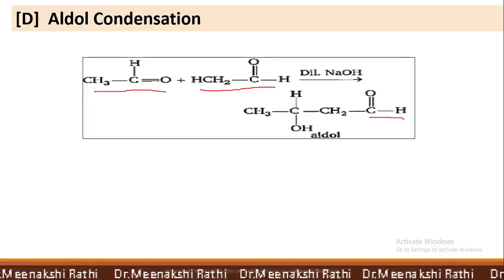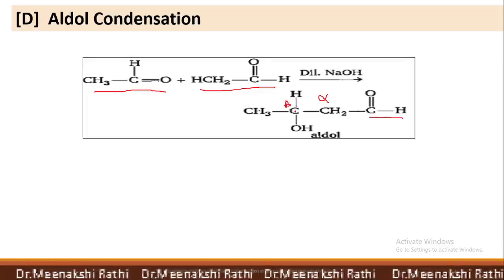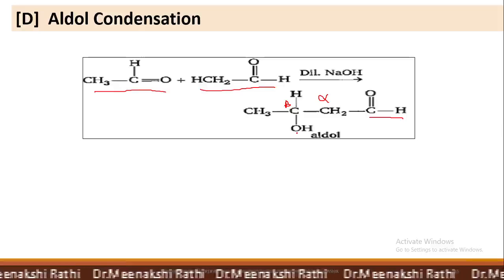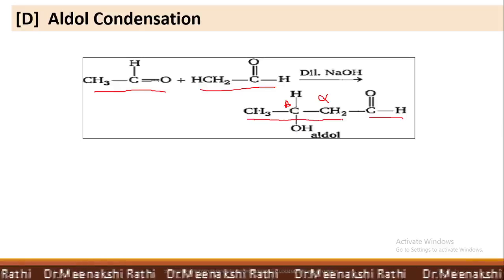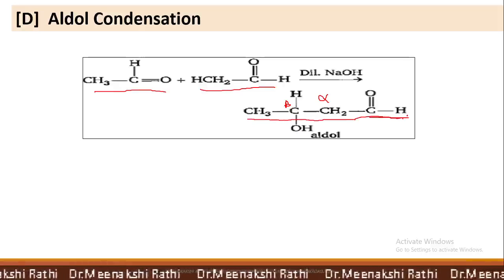See here, this is the functional group, this is alpha, this is beta. At the beta position, there is a hydroxy group and there are 4 carbon atoms in a chain. So its name is beta hydroxy butyraldehyde.